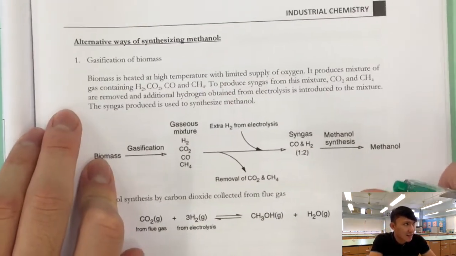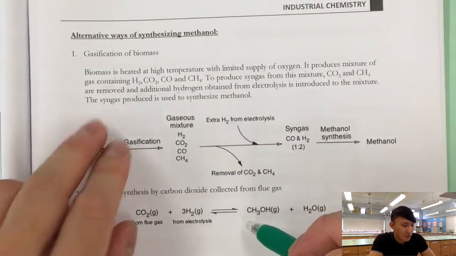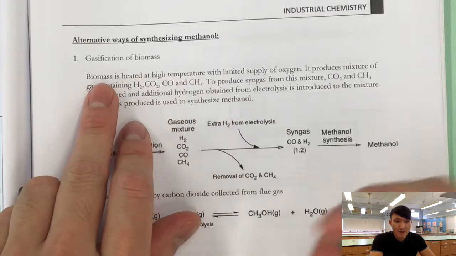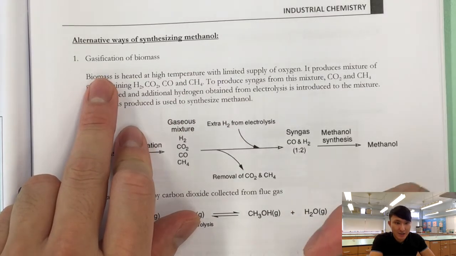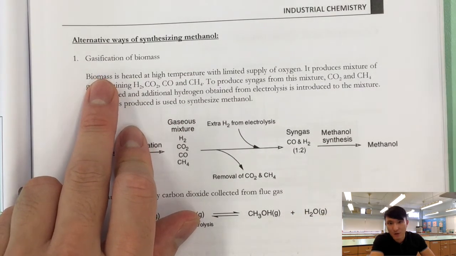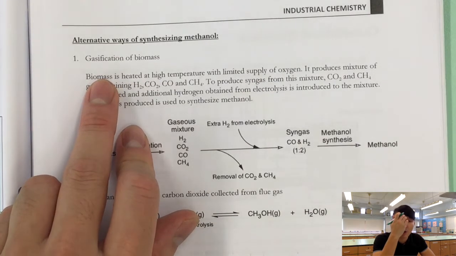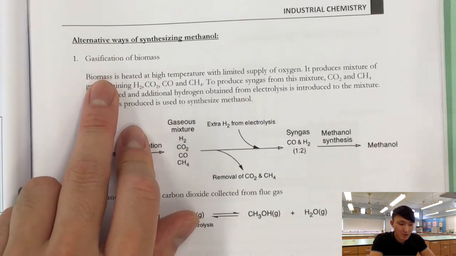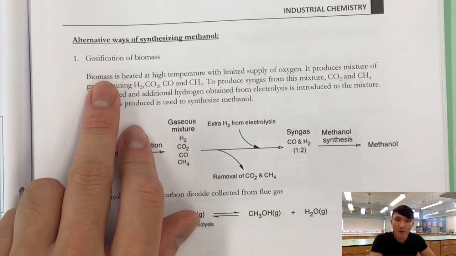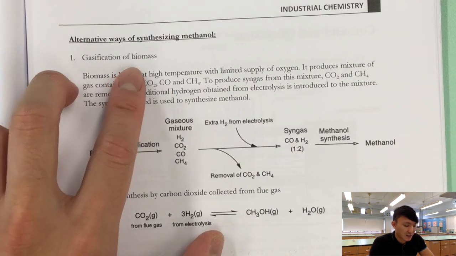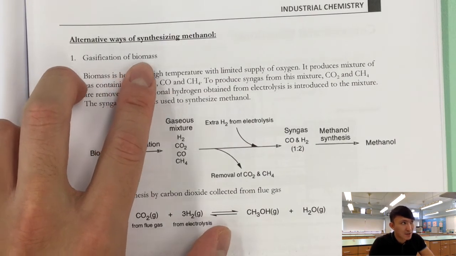Now, on the right hand side here, we are talking about some alternative ways to produce methanol. Just now, methanol is produced from natural gas, and you know natural gas is a fossil fuel, meaning that the supply is limited. So we try to explore alternative methods to produce methanol, perhaps from renewable resources. One way of doing this is to get it from biomass.